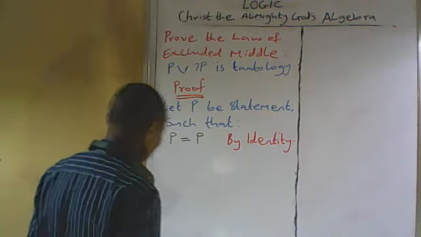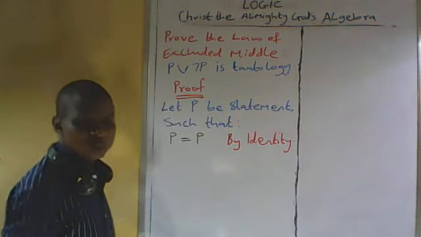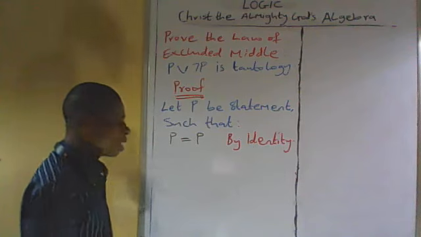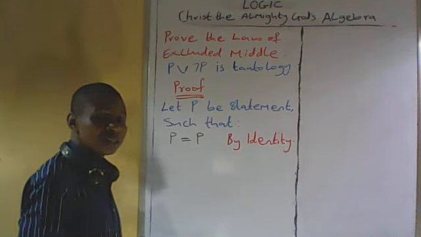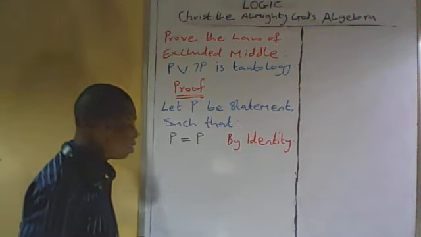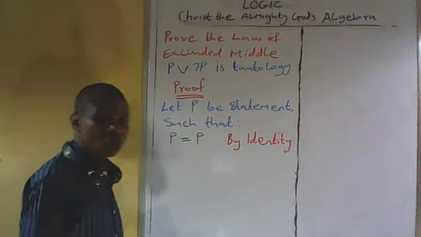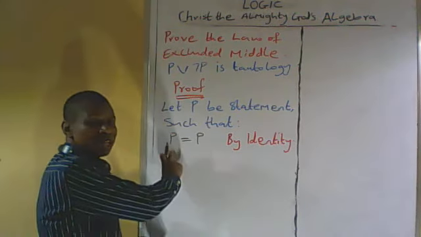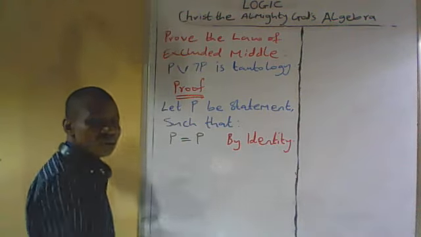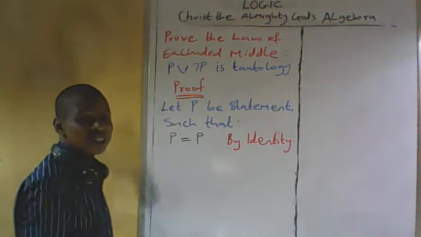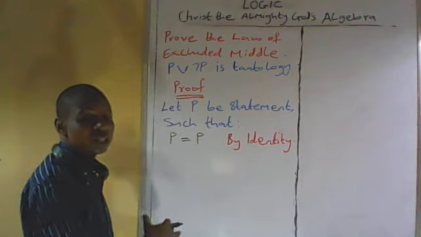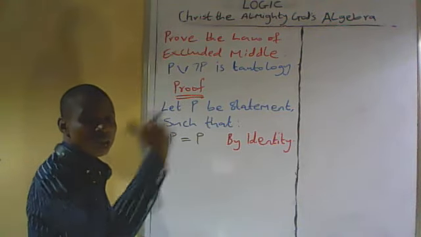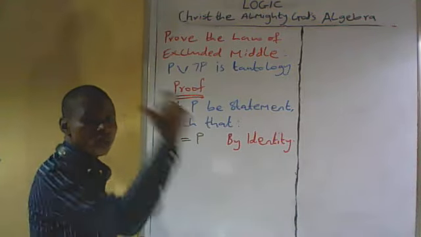If P is equal to P, it means that P if and only if P is a tautology. Because whenever this P is true, then the other P is also true. Vice versa, whenever the left side of the equation is false, the right side is also false.